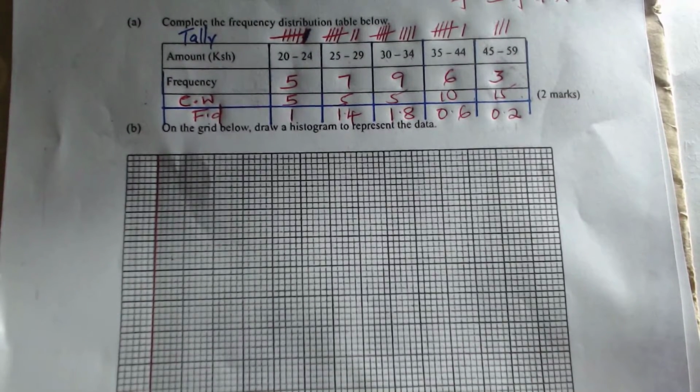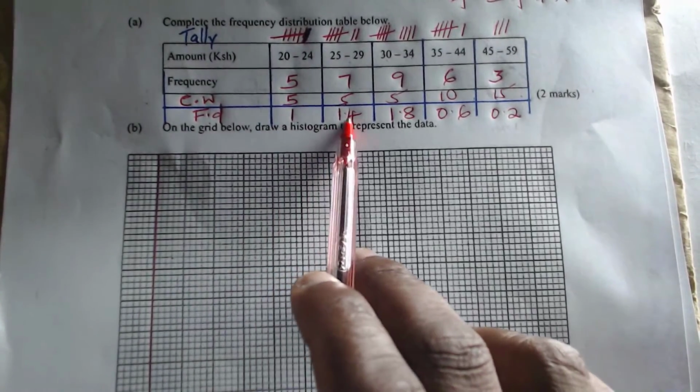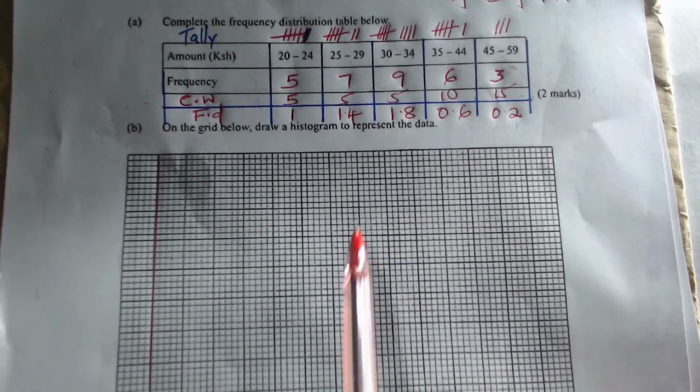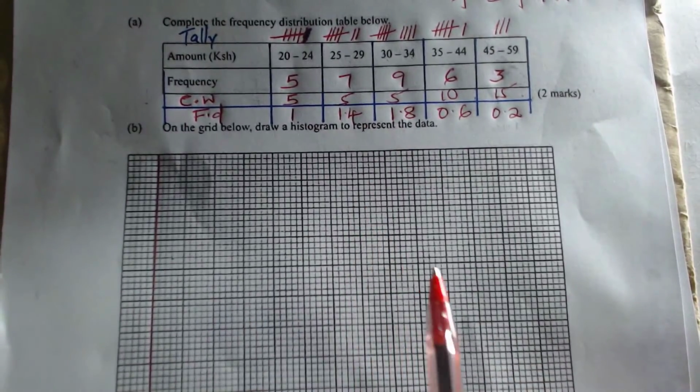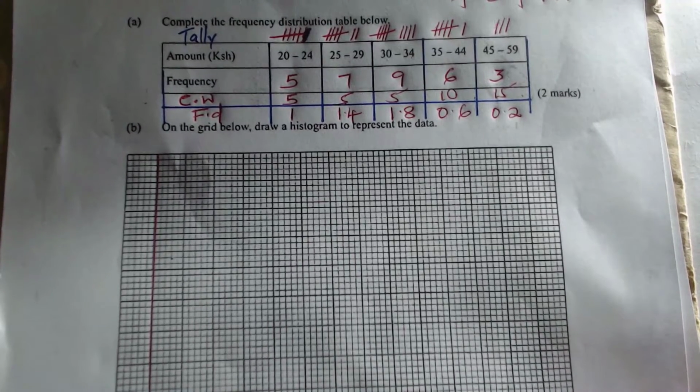You have to choose a suitable scale, looking at the frequency density beginning from 1, 1.4, 1.8, 0.6. Decide on the scale. Looking at these, we can use a scale of 1 centimeter representing 0.2, that one will be okay.